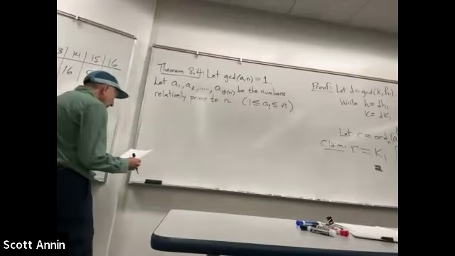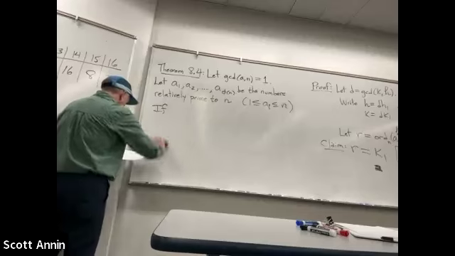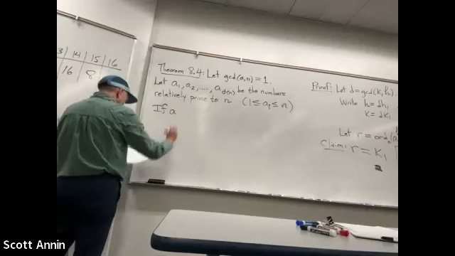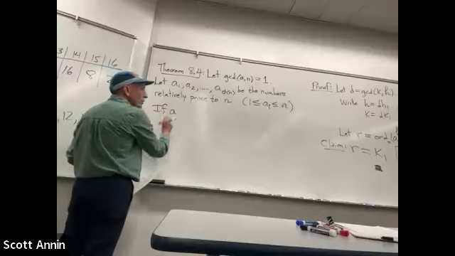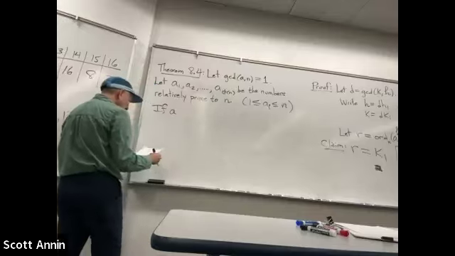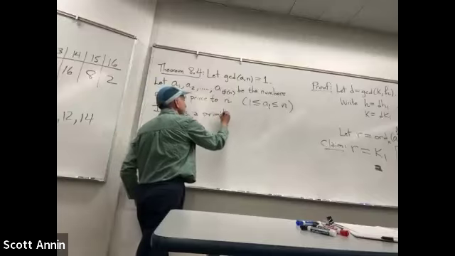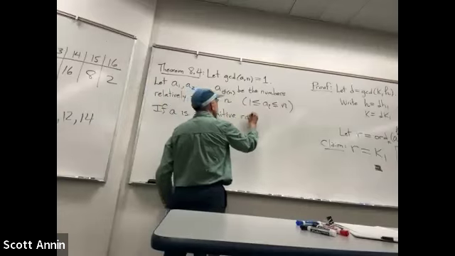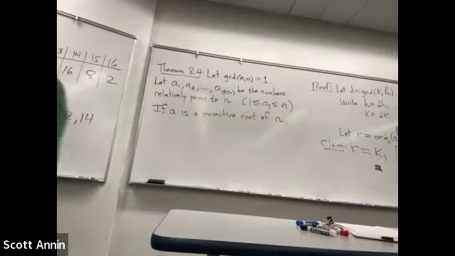Right. So then if A, they shouldn't be using A there, I would rather call this R, but that's okay. I'll use an A. If A is a primitive root of n, that would just be an element whose order is phi of n.